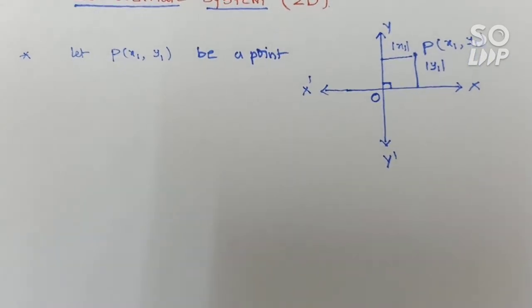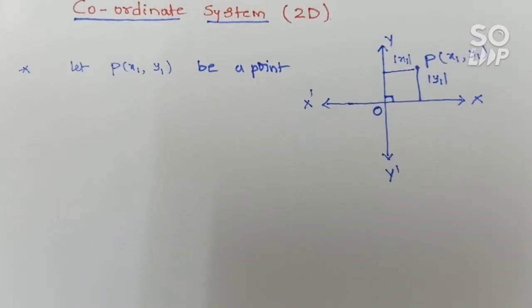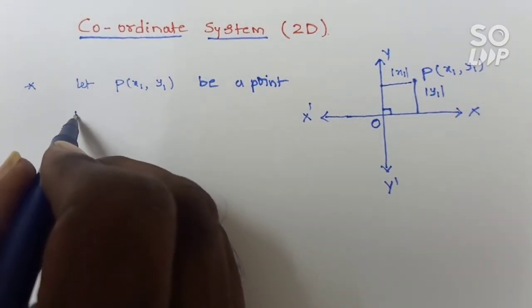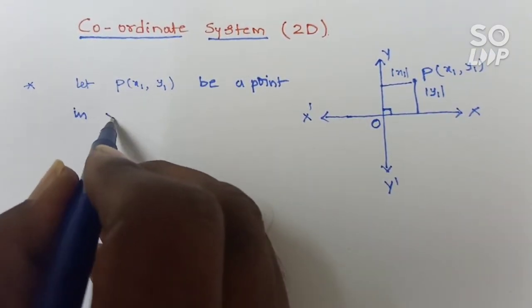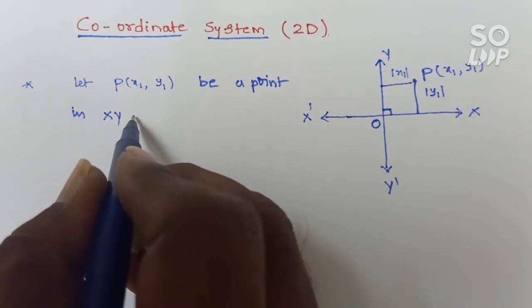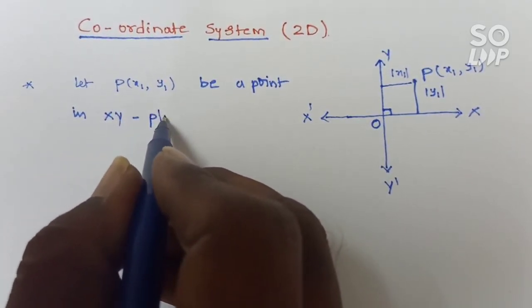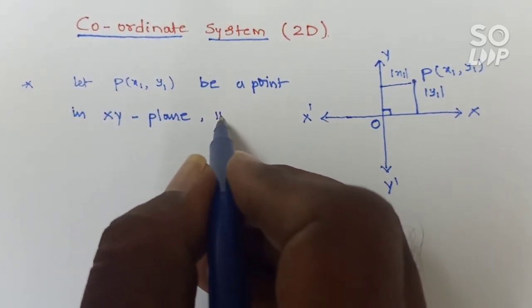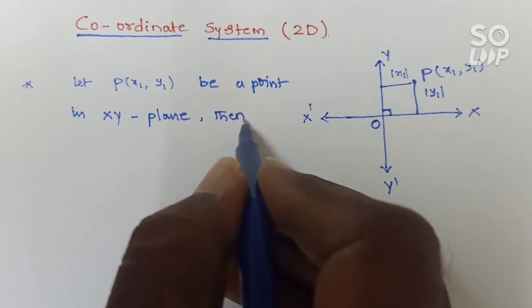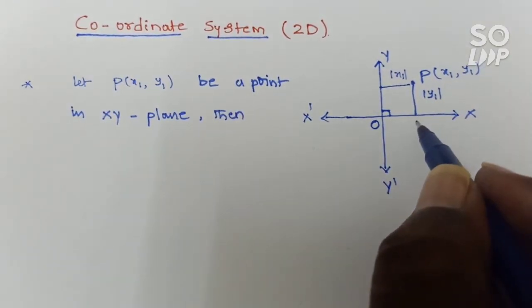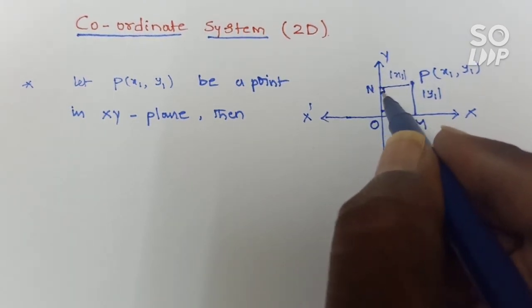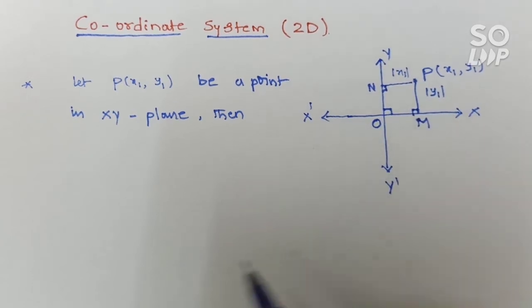Then let this be denoted by M and this be denoted by N. Here these two are the perpendicular lines.